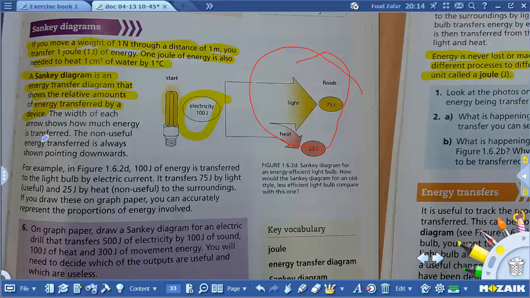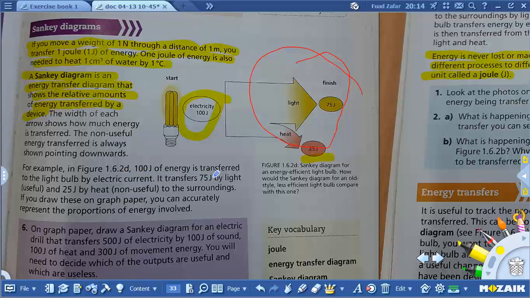Now which one is the non-useful energy? Heat is non-useful energy. Transfer is always shown pointed downward. So this heat is a non-useful energy, because when I light up a bulb, my main aim is to get light around it, not heat. For example, in figure 1.62d, 100 joules of energy is transferred to a light bulb by electric current.